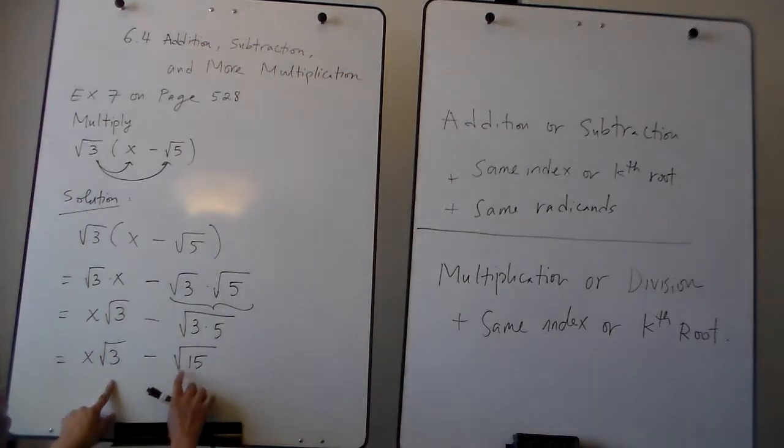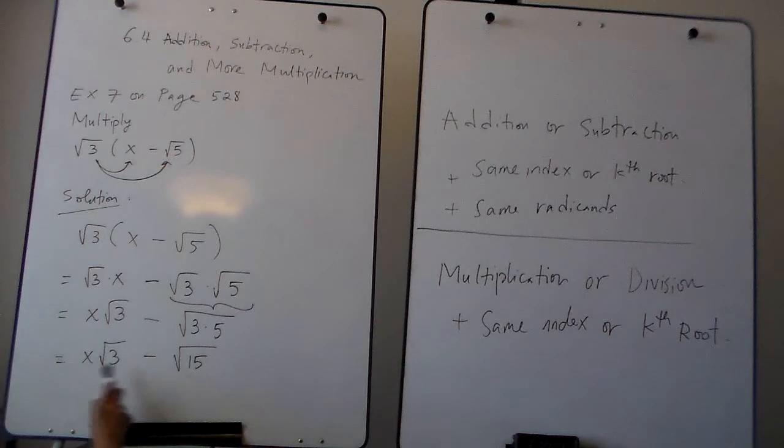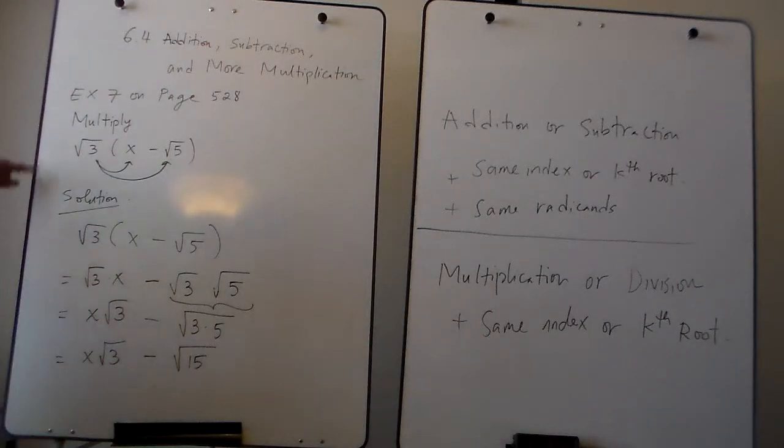So you cannot simplify these two radicals any further. And this is the answer for multiplying these two factors: x times square root of 3 minus square root of 15.